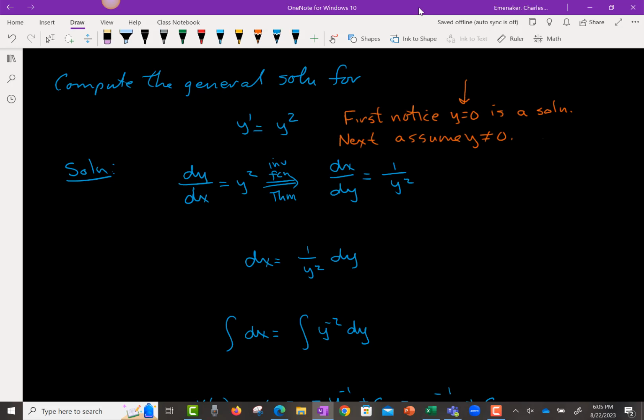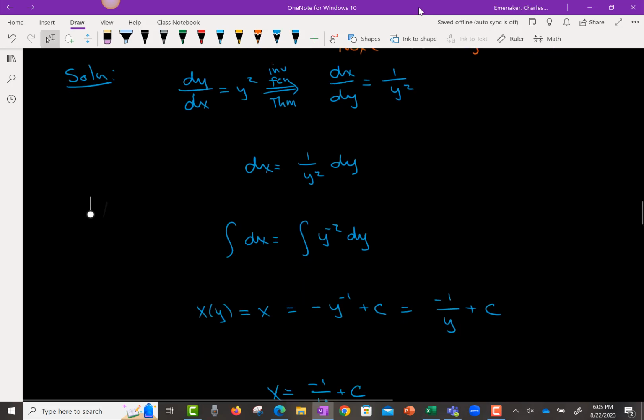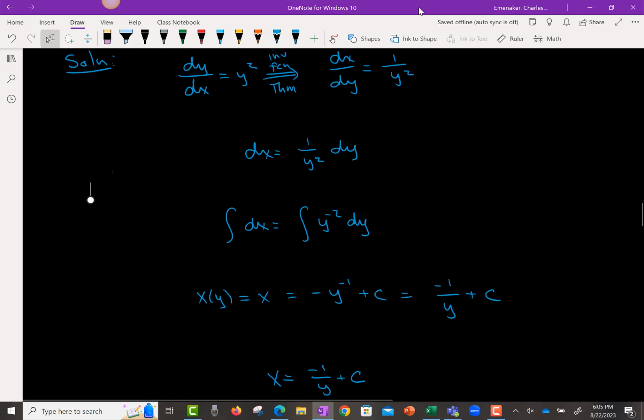I'm going to apply the inverse function theorem, reversing the roles of x and y, and I'm going to have dx over dy equals, and remember with the inverse function theorem, the function on the right-hand side now becomes the inverse of what it originally was. So we're going to have dx over dy equals 1 over y squared. From there, I can go ahead and multiply both sides by dy.